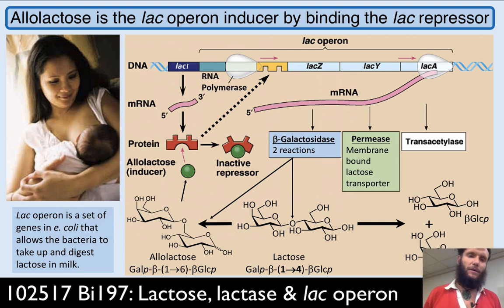So something that's constitutively expressed is constantly on. It's not. It wants to turn it on when there is food around. It needs a molecular cue to tell it when to turn on the lac operon.